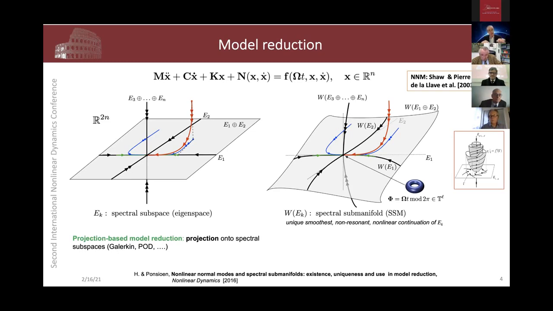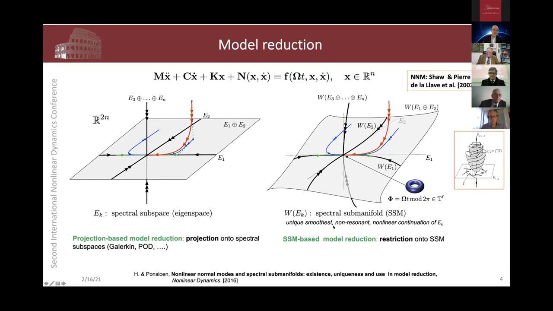So when you're actually doing a Taylor expansion to high enough order, and one can specifically find the order for that, it's in the paper that I refer to here, then you actually place yourself on that unique one. That's the spectral submanifold, and that's how we differ from NNMs. This is the unique, if you will, NNM, that's the smoothness, because there are many of them. You also have several conditions that need to be satisfied, non-resonance and smoothness. Anyway, the theory is in good shape with that, I would say.